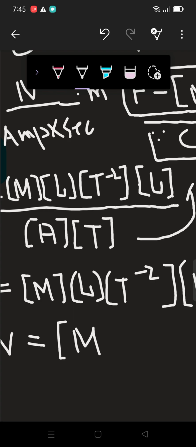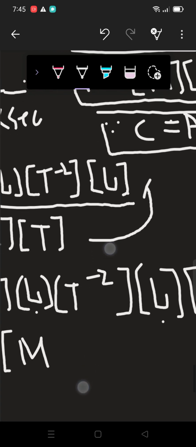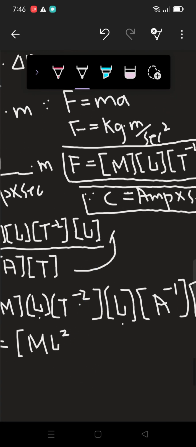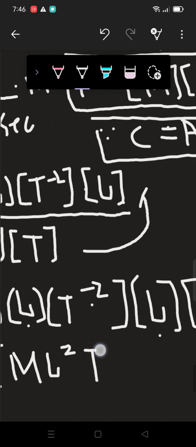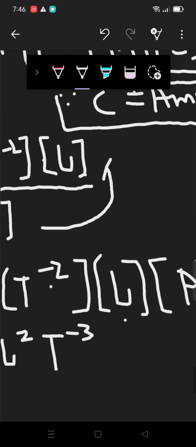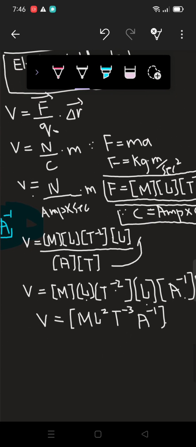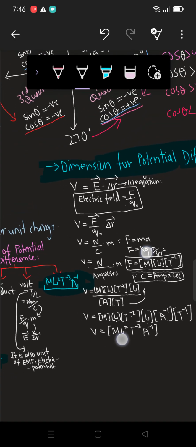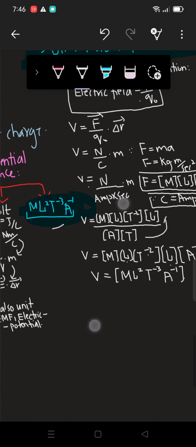And L, now see L are 2, so of course you need to write 2 power, then minus 2 minus 1, equals minus 3, so T minus 3, and of course A minus 1. Now see, the dimension of the potential difference is ML2 T minus 3 A minus 1. This is what we discussed yesterday as well. ML2 T minus 3 A minus 1.